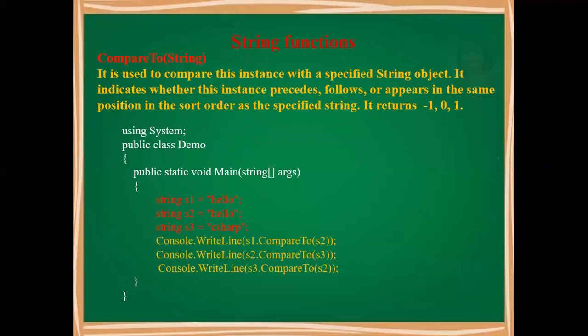In the next line we have written the comparison: Console.WriteLine, and inside it we are calling another method, S1.CompareTo(S2). As per result, it's supposed to match because the words are the same. In the second line, we have written Console.WriteLine S2.CompareTo(S3). So S2 is hello, and that will be compared to S3.